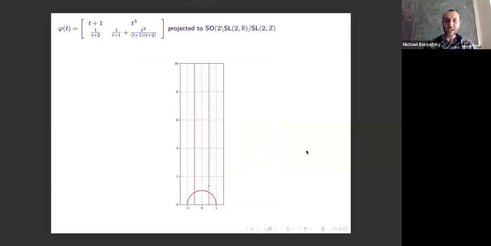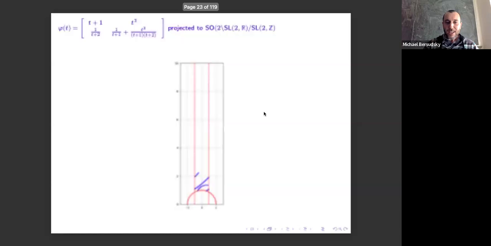Here is another extreme case, when you look at SL_2(R) mod SL_2(Z). SL_2(R) mod SL_2(Z) is not compact, and the behavior is different. Here I consider this kind of curve composed of rational functions, and here is the image in the modular surface after I quotient by SO(2).